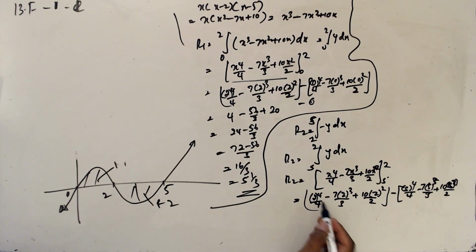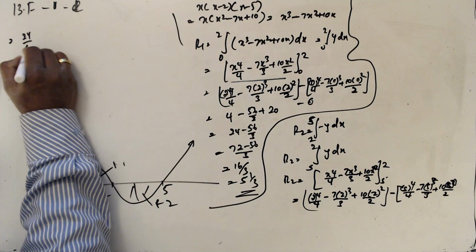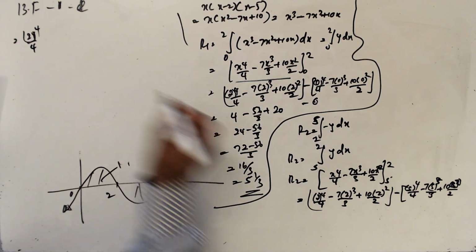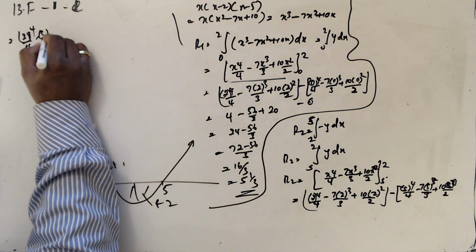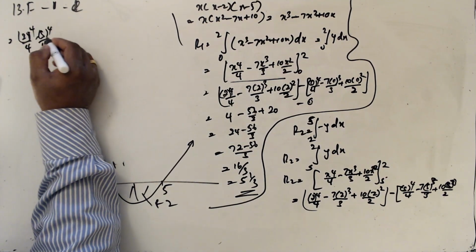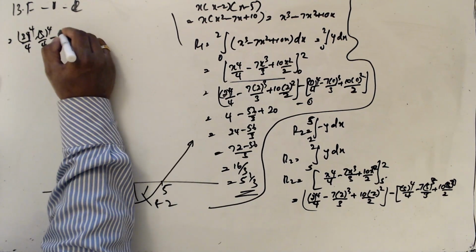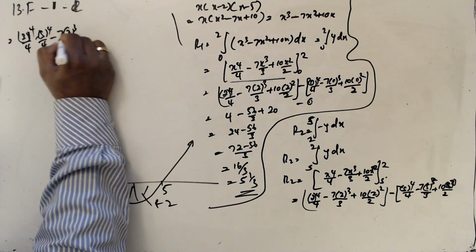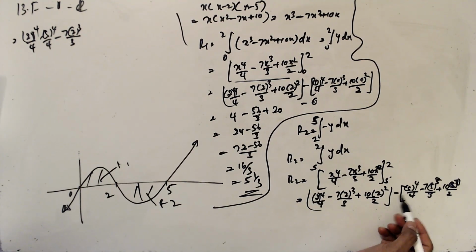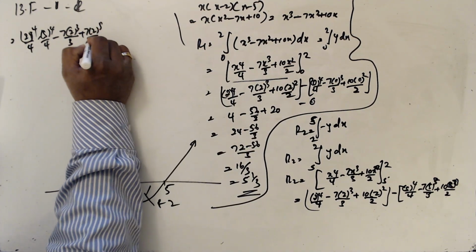So this is 2 to the 4 over 4, minus 5 to the 4 over 4. Then this is minus 7 times 2 to the power 3 over 3, and this is plus 7 times 5 to the power 3 over 3.